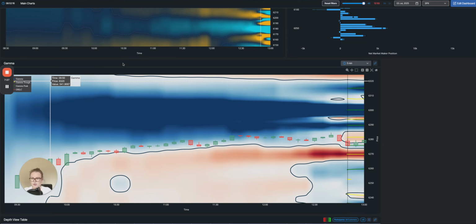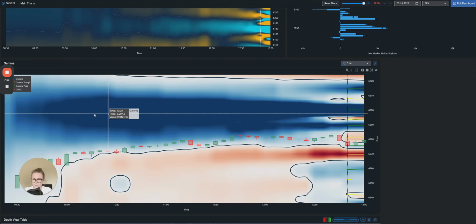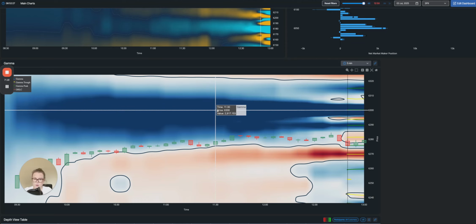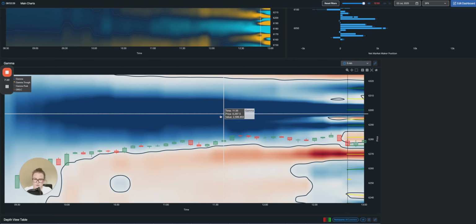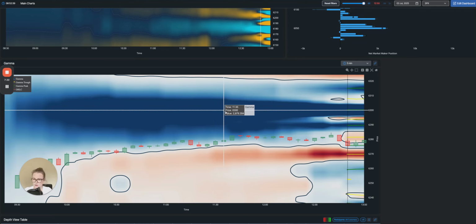a little bit more going on here. You can see we have a lot of very positive gamma up around this 6,300 strike, and that was present throughout the entire session. What this tells us is there was a very good chance we weren't going to move through this area of extreme positive gamma.